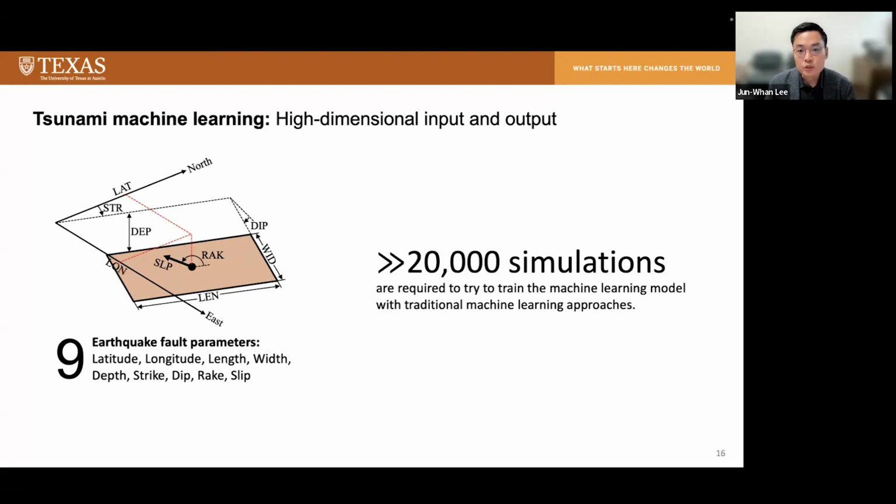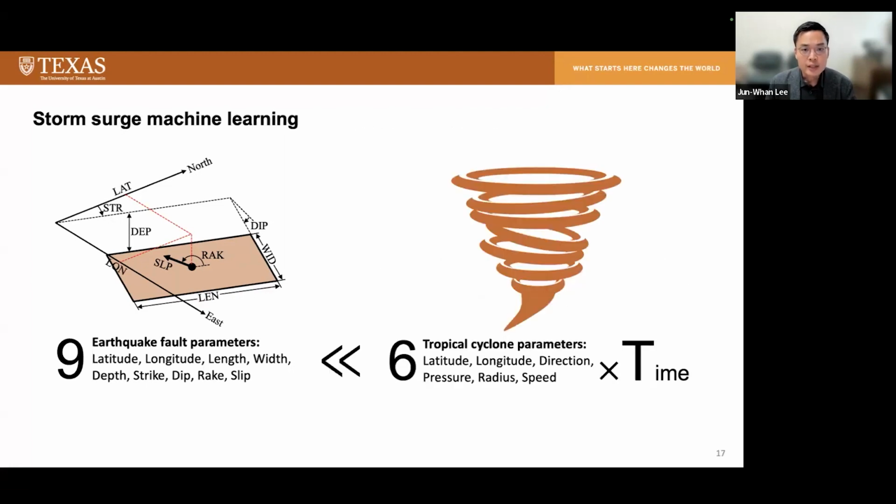If we consider 3 values for each parameter, that means about 20,000 physics-based numerical simulations are required to train the machine learning model, which is computationally expensive. And this is just assuming a uniform slip distribution. If we consider a non-uniform slip distribution, we might need more than 1 million simulations to train the machine learning models. And in terms of storm surge modeling, it has a similar dimensionality issue.